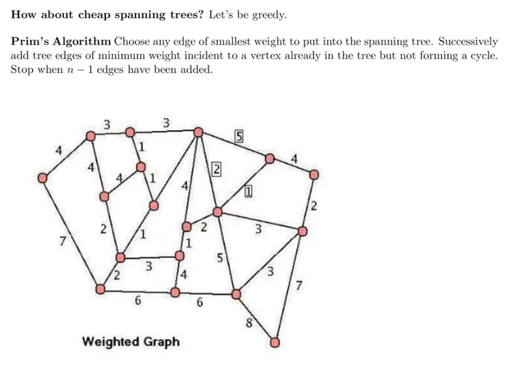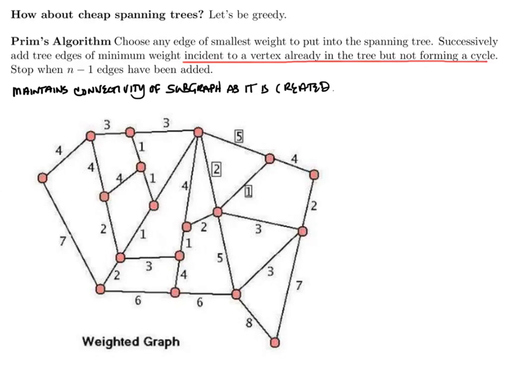In the case of Prim's algorithm, as I said, you just greedily add minimum weight edges connected to what you've already built before. So let us go ahead and do that. It's got to be incident to a vertex already in the tree, but not forming a cycle, and it maintains the connectivity of your created subgraph.